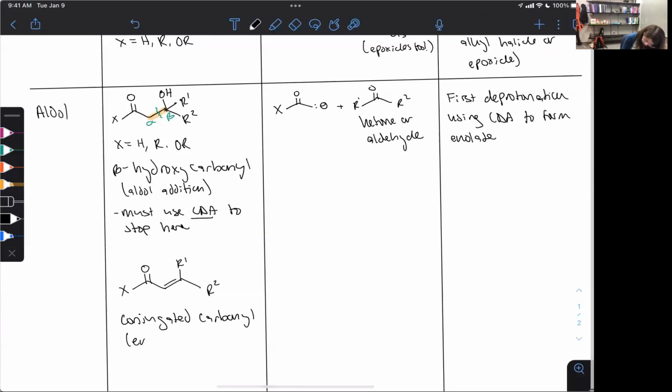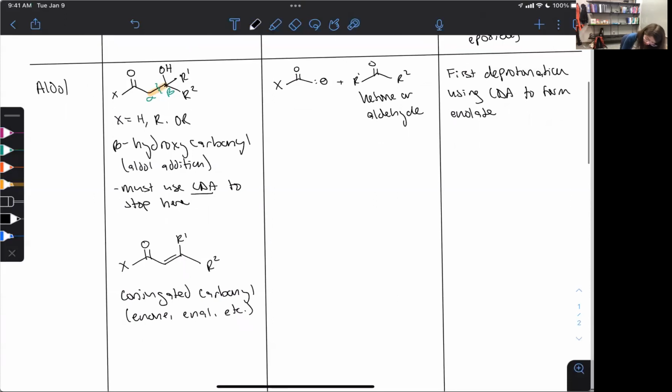So this could be an enone, enal, etc. Our X again can be H, it can be R, so any carbon group, or an ester. It's a little less common, but you can do that.